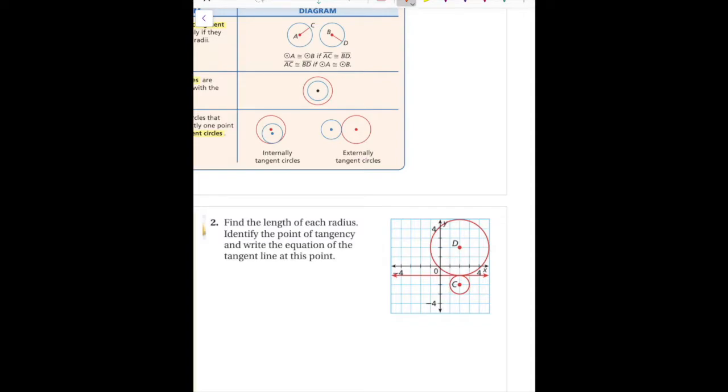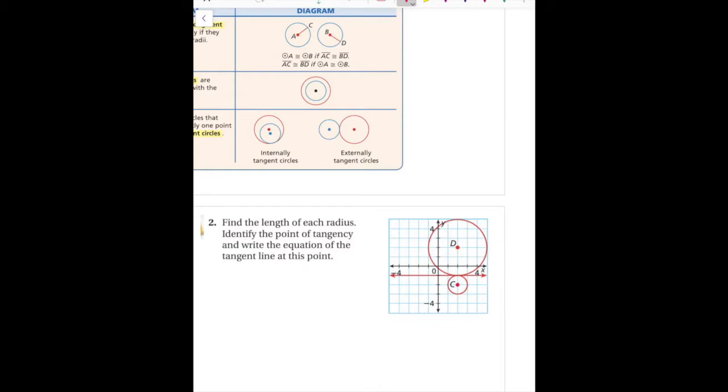Now we are just going to do a problem first. So let's look at the problem. They ask you to find the length of each radius, identify the point of tangency and write the equation of the tangent line at this point. So find the length of each radius. This is the circle. For circle C, the radius r equals 1 unit.